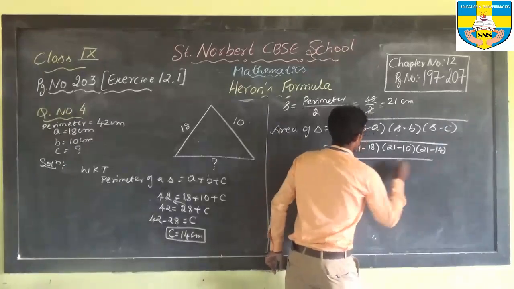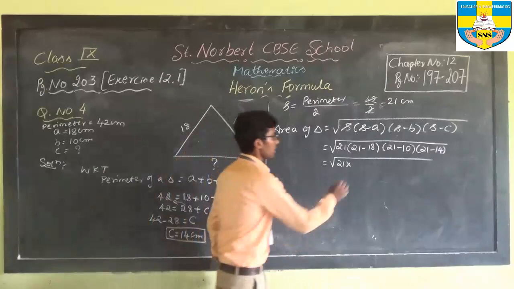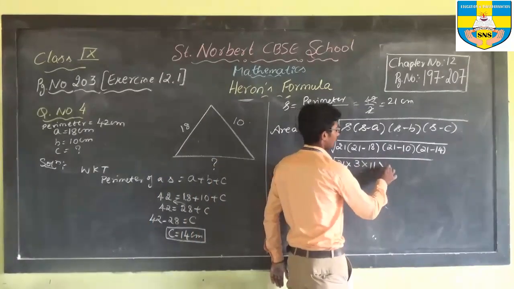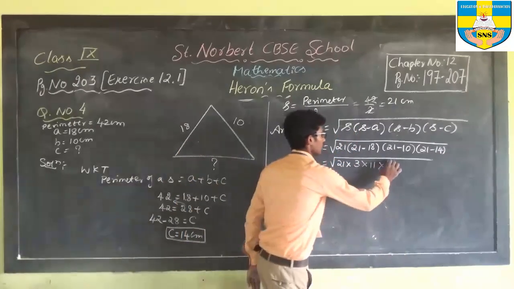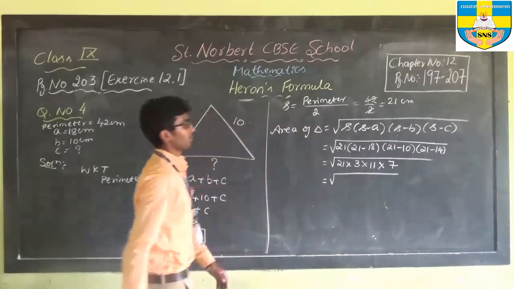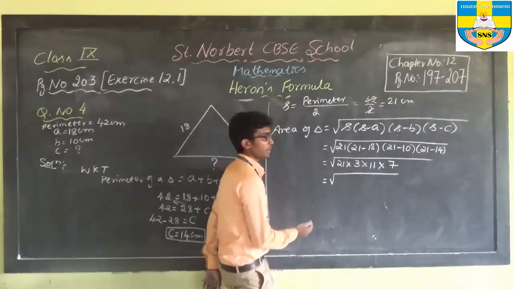Then 21 into, 21 minus 18 is 3, 21 minus 10 is 11, and 21 minus 14 is nothing but 7. Okay. Then we have to calculate any number two times in the square root.